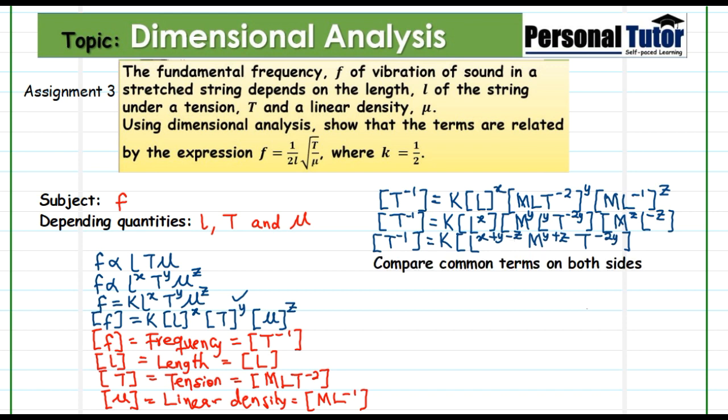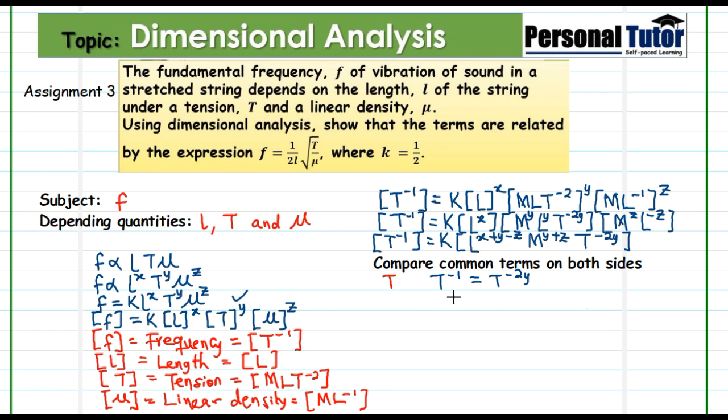Well, this is the expansion. From here, let's compare the common terms on both sides. Starting from the T, the left hand side carries a -1. But T on the right hand side carries a -2Y.